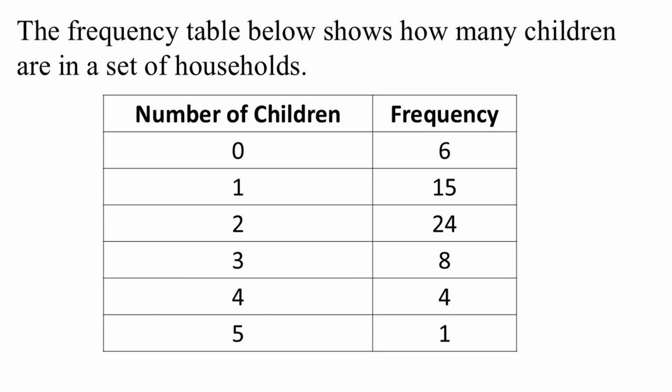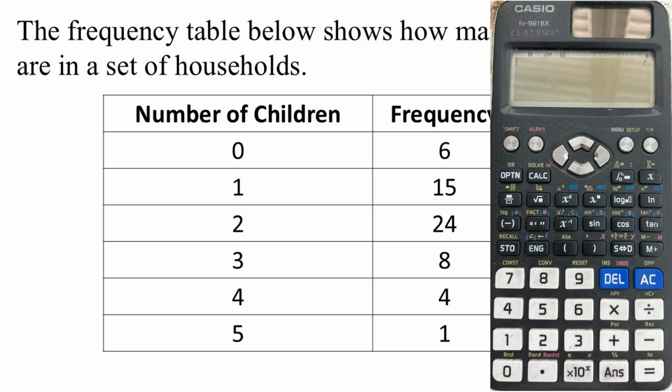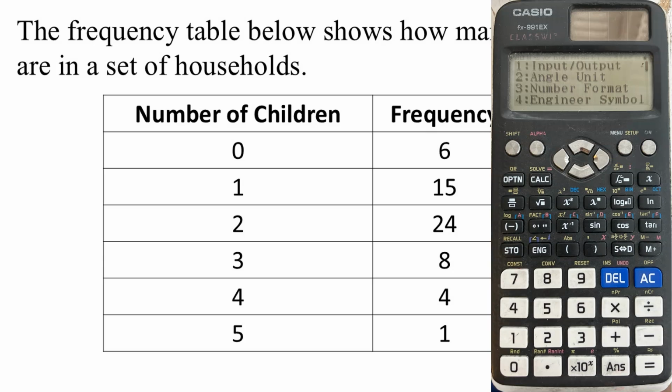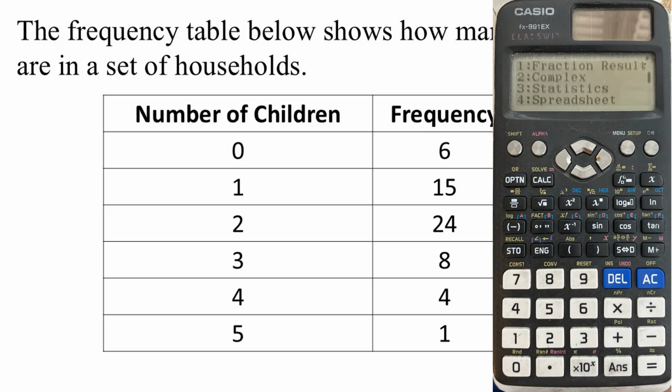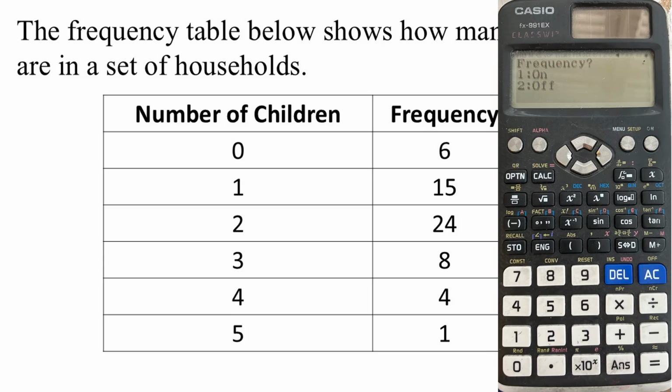So rather than a list, let's say you're given a frequency table instead. Your calculator can also work with this. So on your calculator, press shift and then the menu setup button, and it comes up with this screen here, okay? Scroll down once to get this screen and then press 3 to get statistics, and then it will come up with this, and this is the option to have frequency on or off.